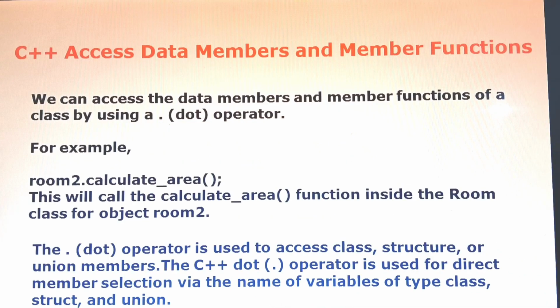Okay, next chapter: how to access data members and member functions of a class. How we can access the data members, that means data variables, and functions in a class. We can access data members and member functions of a class by using the dot operator.